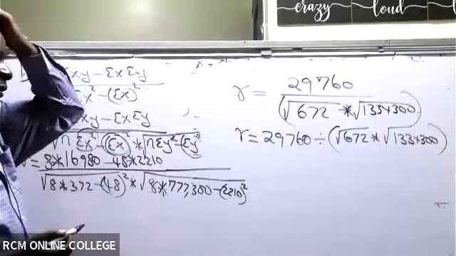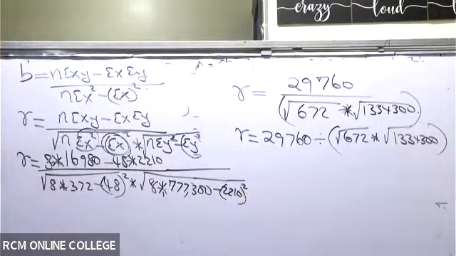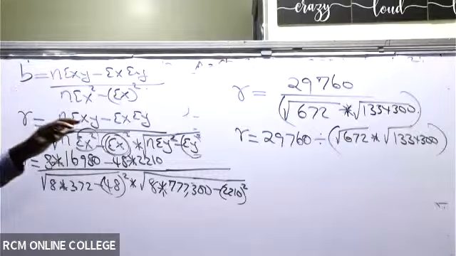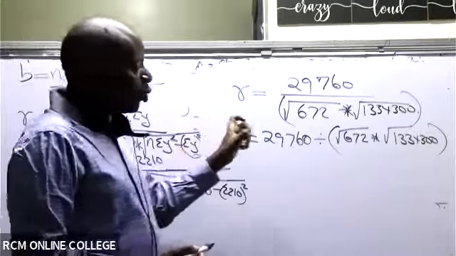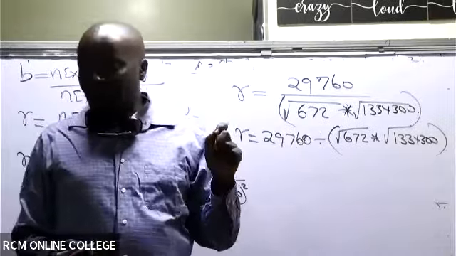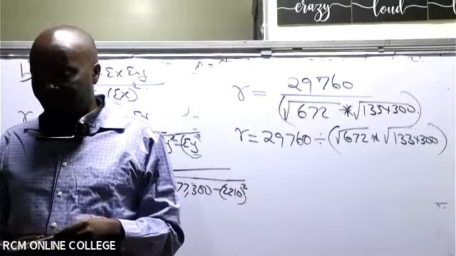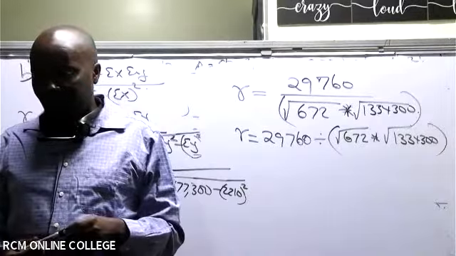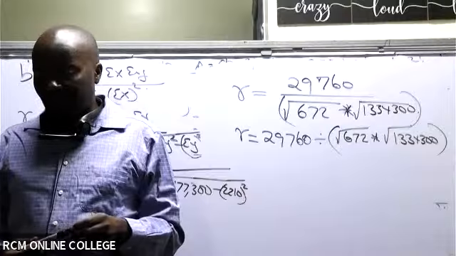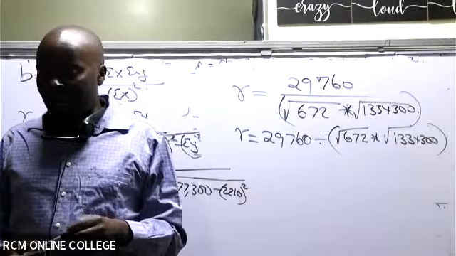What figure will you get? Do it with one stroke, but remember to put the denominator into brackets. What are we getting, ladies and gentlemen, here as our R?